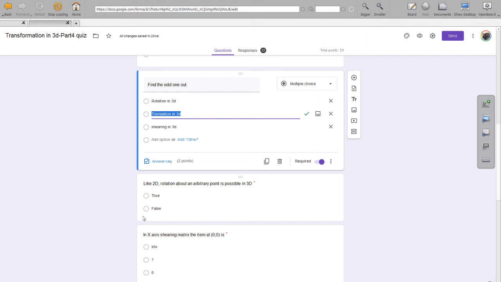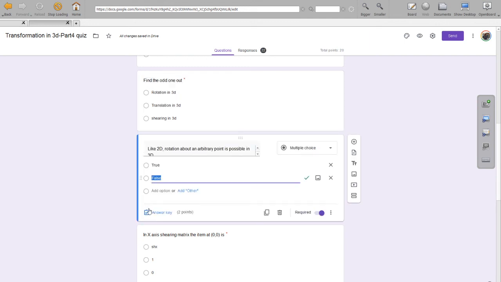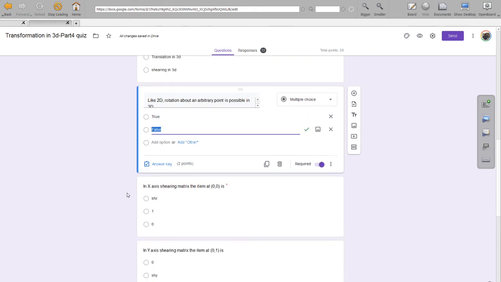Rotation matrices are generalized in terms of the primary axis, x-axis, y-axis, and z-axis. And as you have noticed in today's discussion, rotation in 3D is possible with respect to some arbitrary line also. So the answer is going to be false. Rotation cannot be performed with respect to some point in 3 dimensions. You need some line.